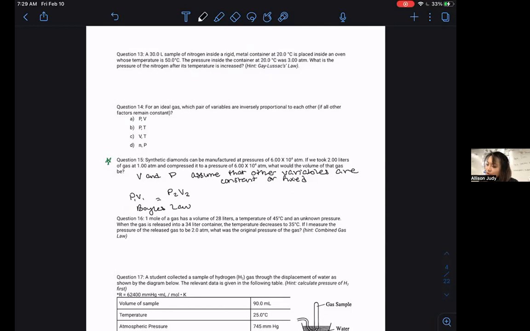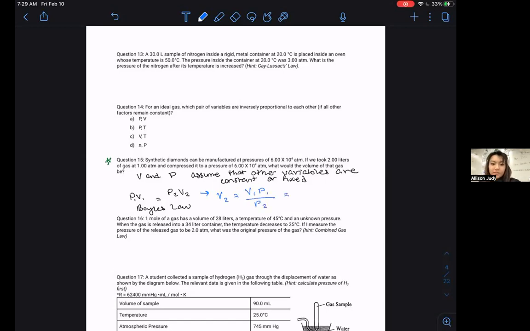So what we then do is we just simply plug and chug. These are some of my favorite problems when you just plug in the variables that you know and you solve for the unknown. So I'm going to manipulate my equation first just to isolate the variable before I start actually inserting all the numbers. So V2, I'm looking for my final volume, is going to equal V1 times P1, initial conditions, all over P2.